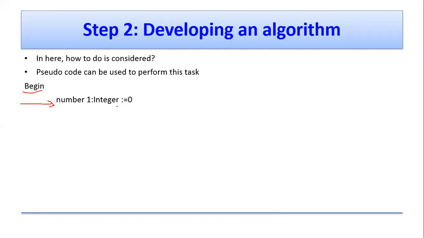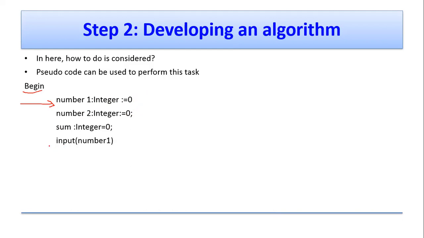Number one is initially 0, and number two is an integer that is also 0 initially. And then summation is also 0 initially. So at the beginning, number one is 0, number two is 0, and summation is 0. We call these initialization, because initially we don't have values.